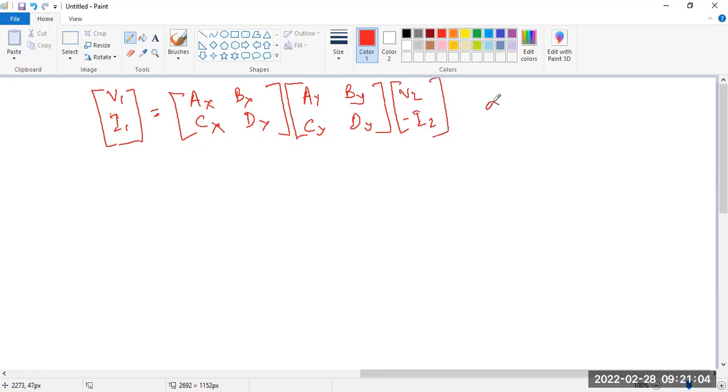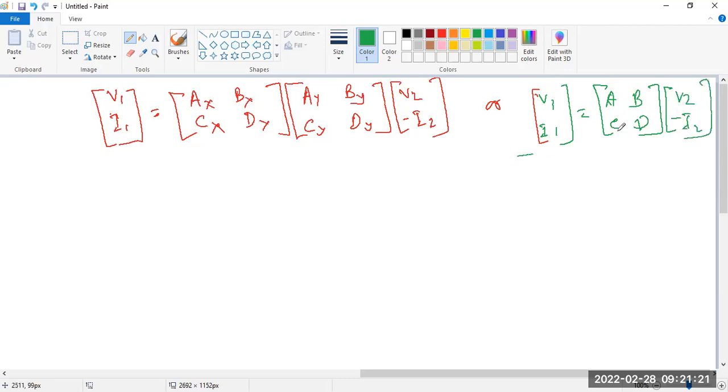So ultimately we get V1, I1 equal to A, B, C, D and V2, minus I2. This is applicable, just write down the application.